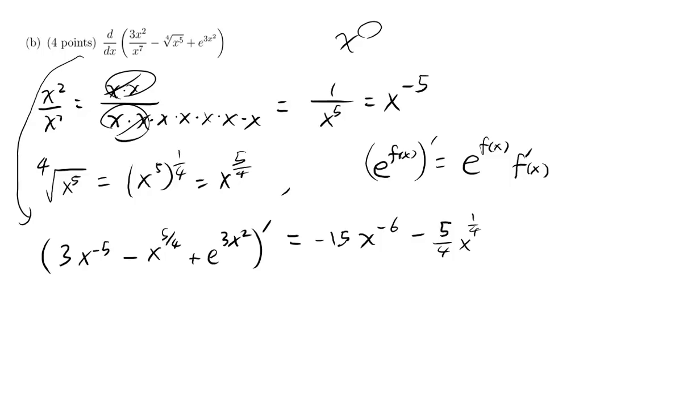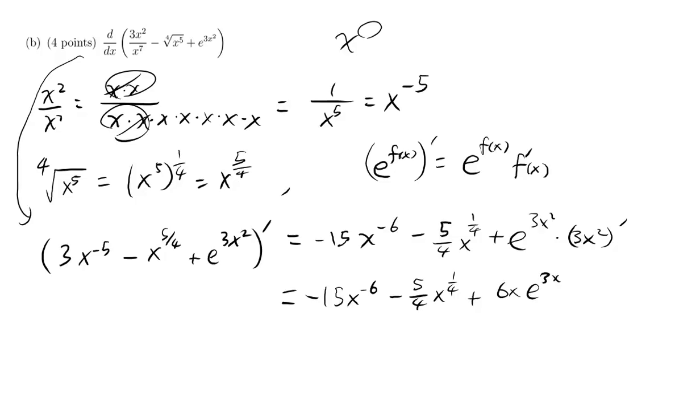And then this last one, we use this formula, which says just copy what you have, e to the 3x squared, but then attach to it the derivative of 3x squared. So that's going to be negative 15 x to the negative 6 minus 5 over 4 x to the 1/4 plus derivative is 6x times e to the 3x squared.